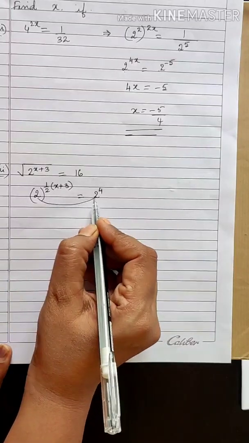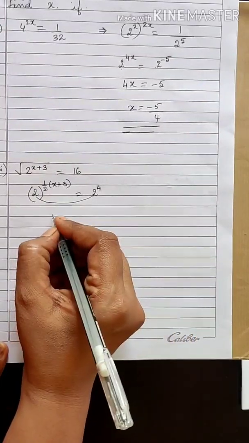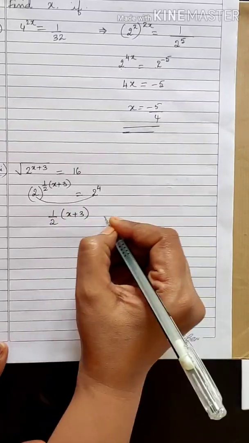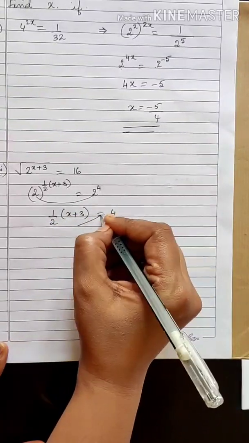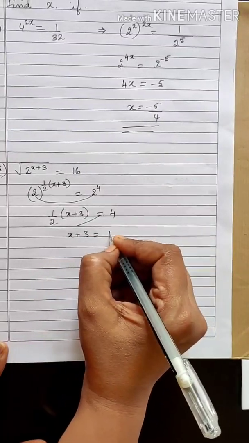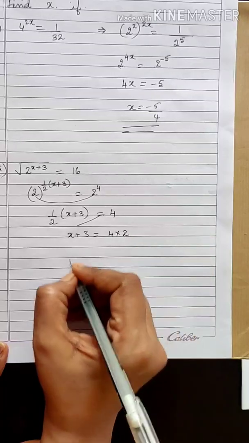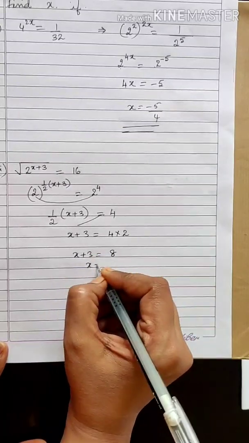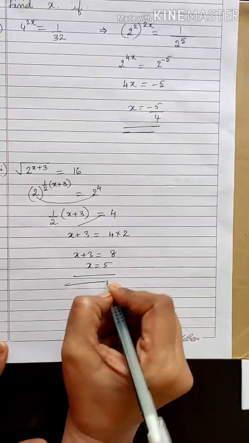Again, if you observe, the base is same, so the power will be equal. Half of x+3 is equal to 4. So doing cross multiplication, you get x+3 is equal to 4 into 2, or x+3 is equal to 8, x is equal to 5.